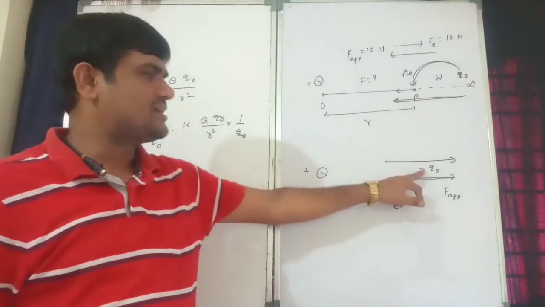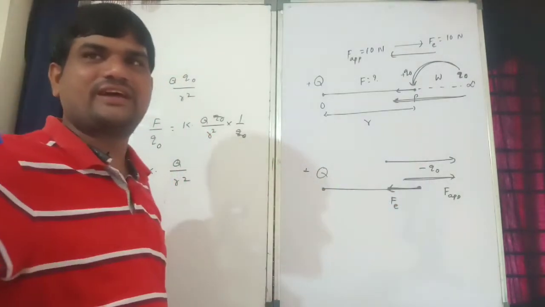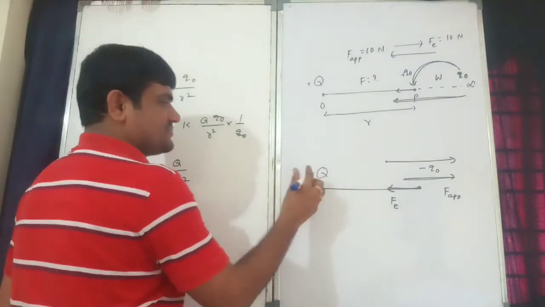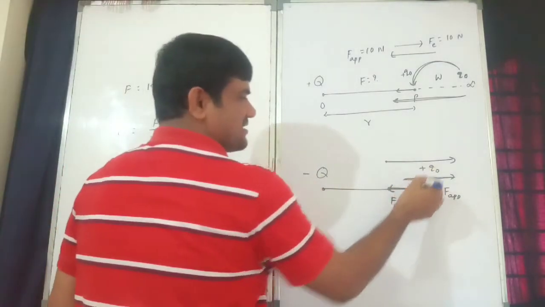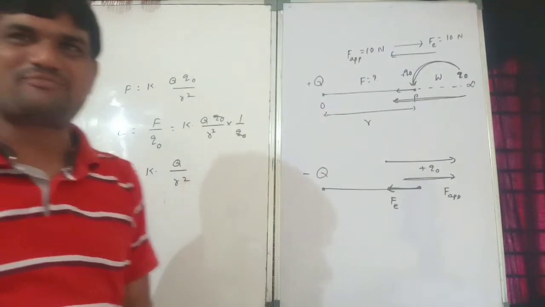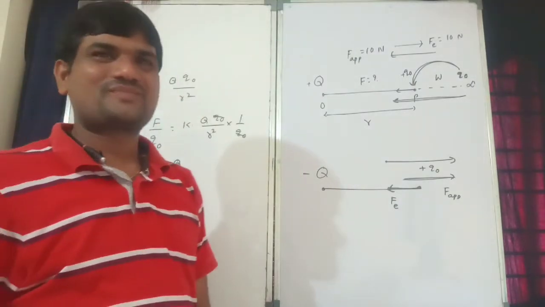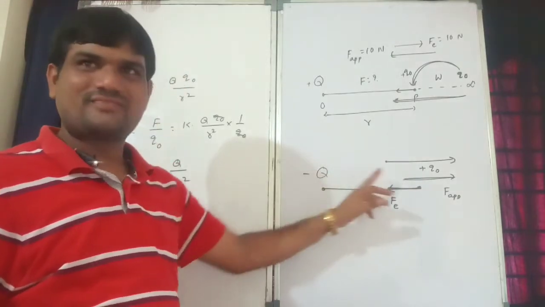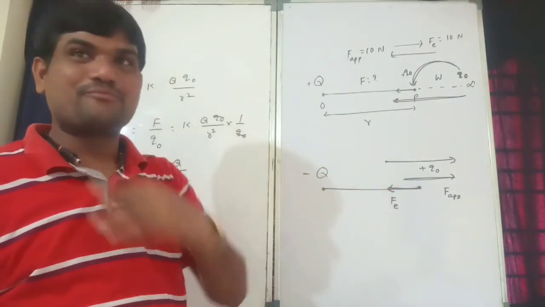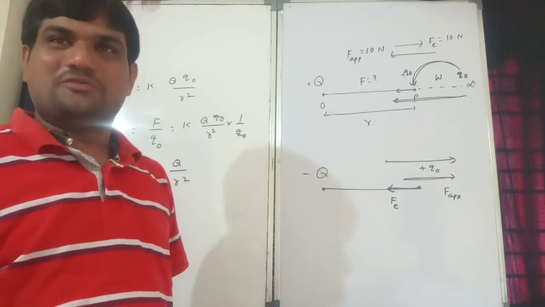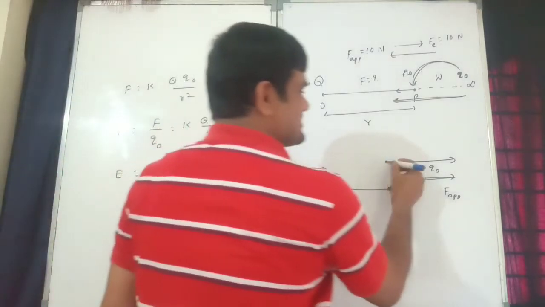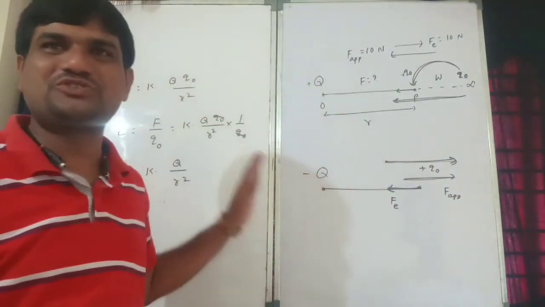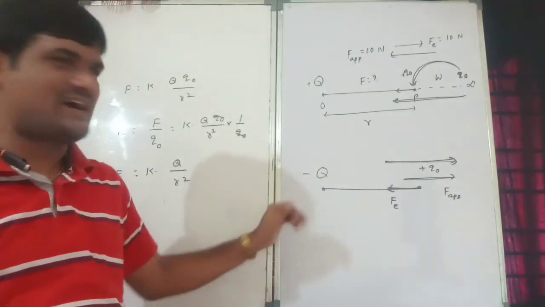If I take this as the minus and this as the plus, what happened? The charge will come this side itself. So that's why my potential can act this side again also. Correct? Opposite to negative charge.